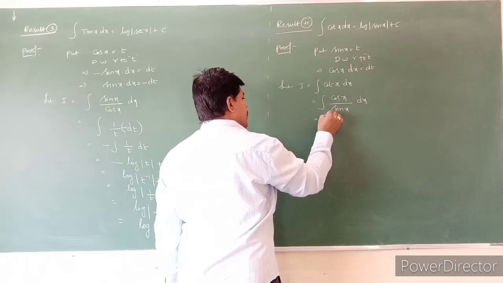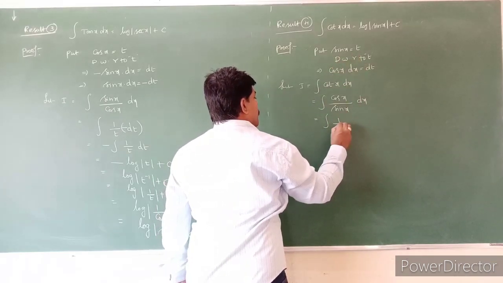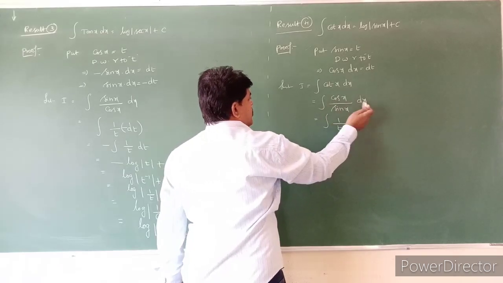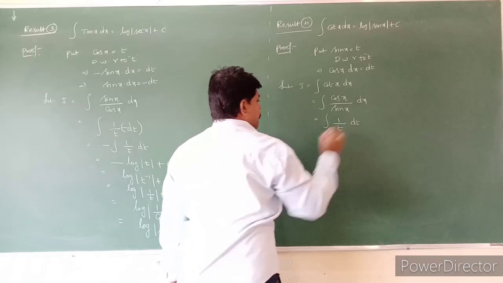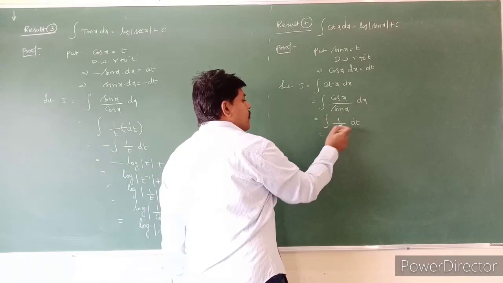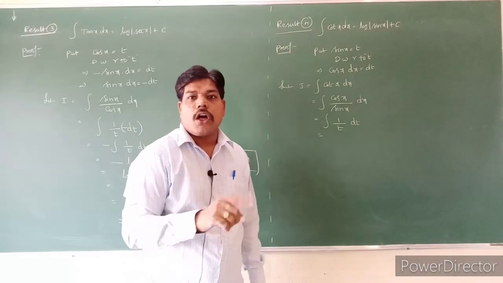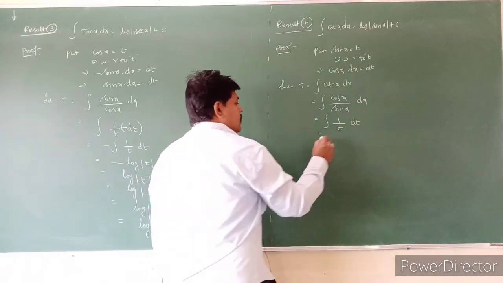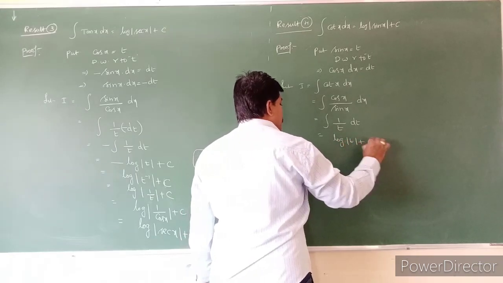So that is equal to integral of, with sin x is equal to t, the problem will become 1 by t, and cos x into dx will become dt. So integral of 1 by x into dx formula is nothing but log of mod x. So automatically this problem will become log of mod t plus c.